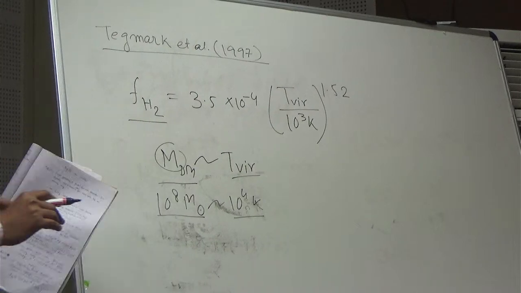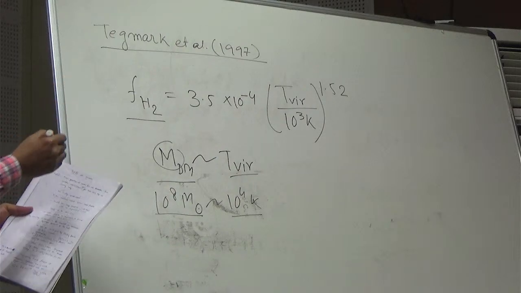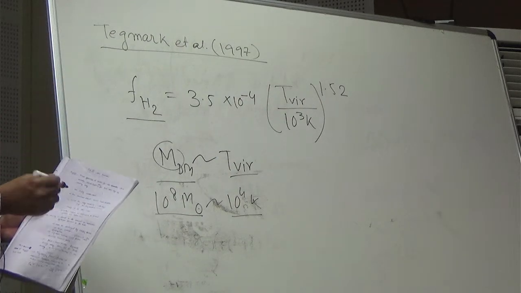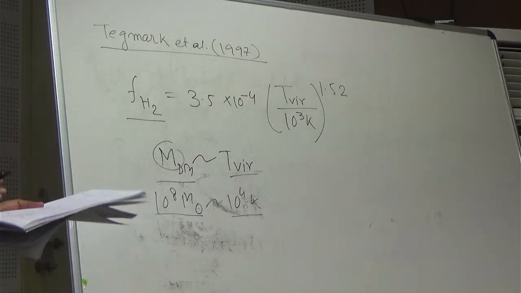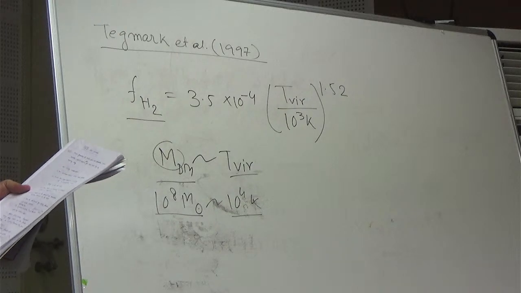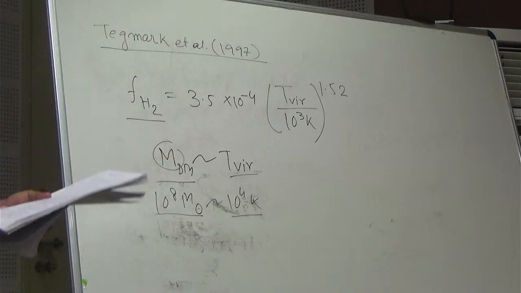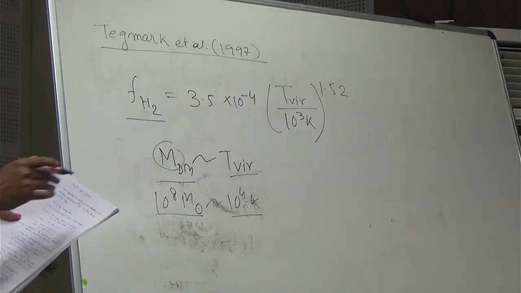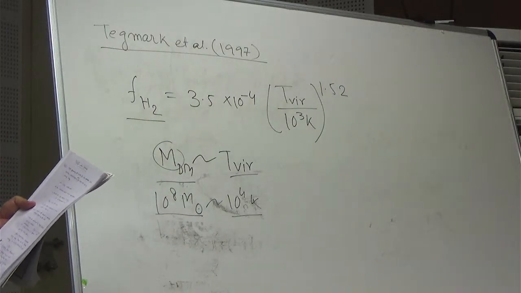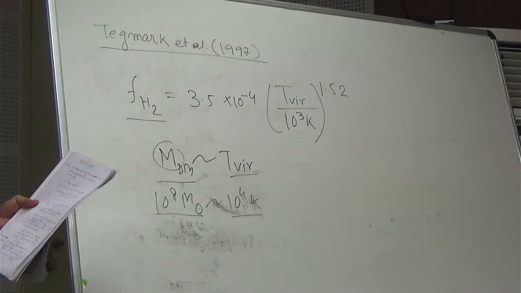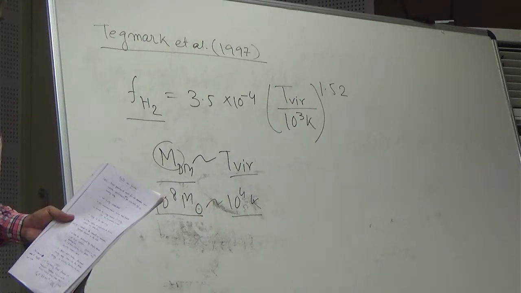This equation can be used to estimate the fraction of molecular hydrogen residing inside a dark matter halo when there is no negative feedback. As I also said, if there are Lyman-Werner photons, they will dissociate some of the molecular hydrogen, and then that fraction will be lower. So this is without any feedback, without any disturbance.